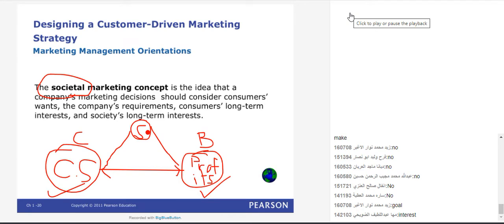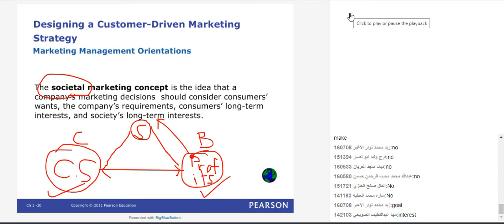So if you are making products, make sure not to harm the environment. For example, if you want to produce a product, make sure this product is environment friendly and produce products that are good for the society. Not only that. If you are getting profit, give a share of this profit back to the society.